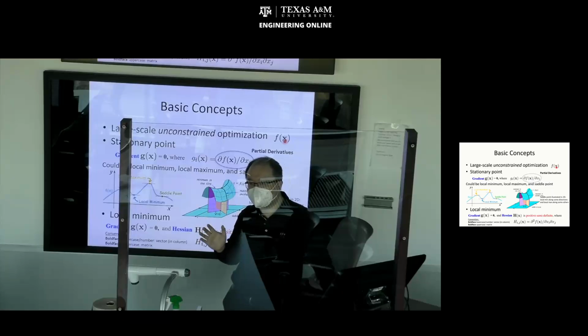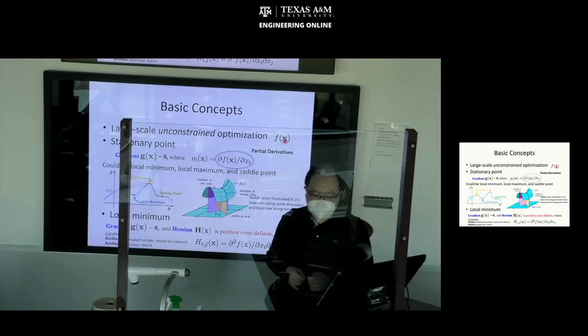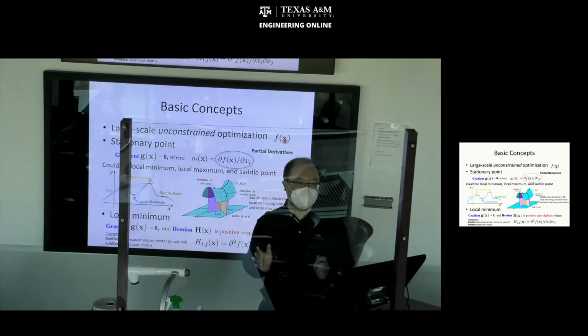So in those cases, many of you have already learned, for instance, stochastic gradient algorithms, right? But let's talk about gradients. We are now interested in local optimum.